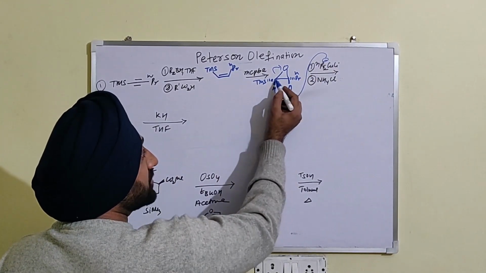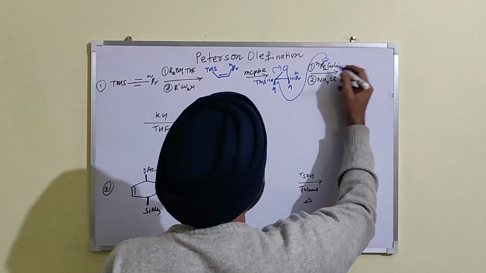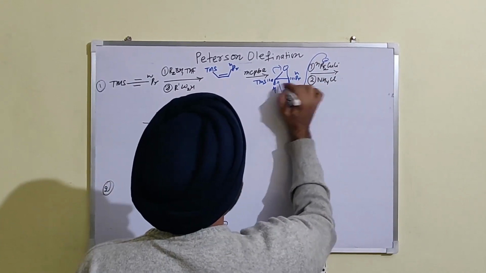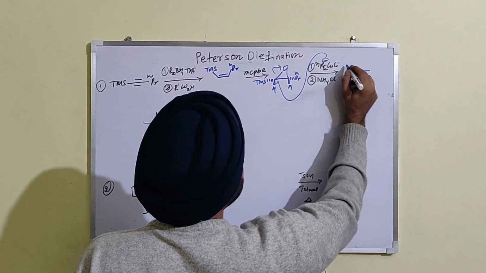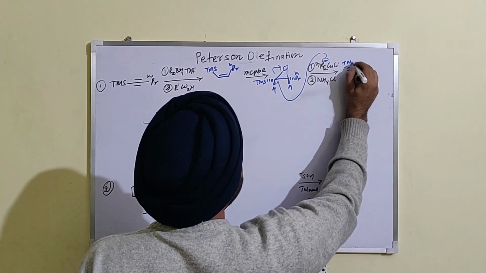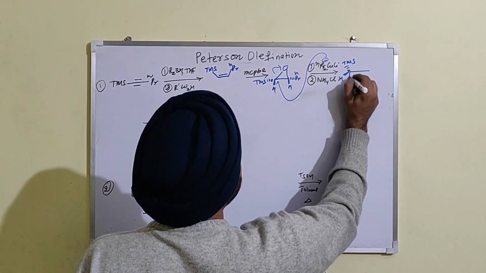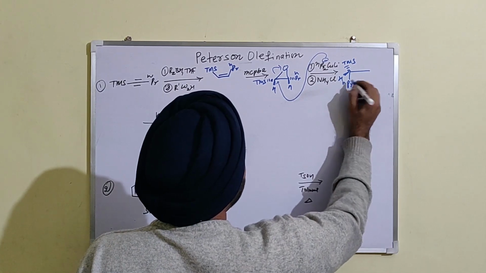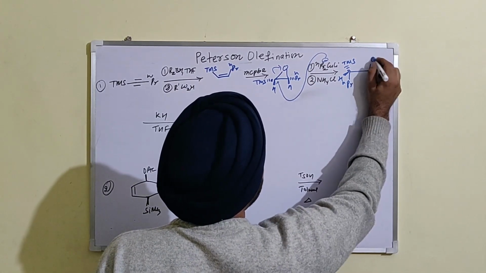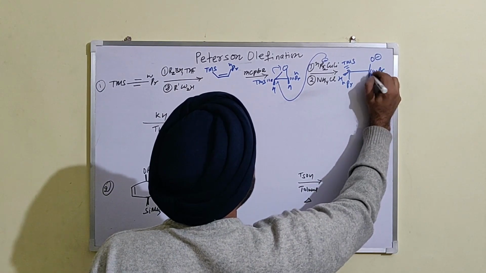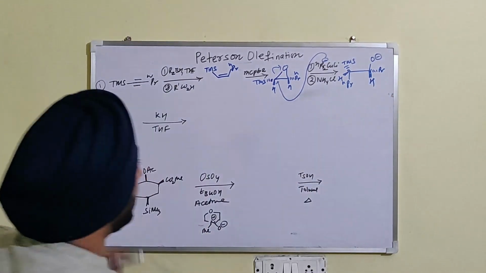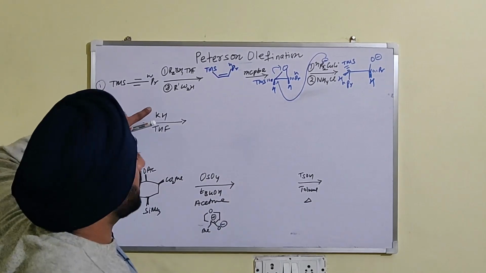So it selectively attacks on this side. So what you end up getting if it attacks here is this propyl, you just need to write this TMS, hydrogen, propyl group, and this O negative, propyl, hydrogen. So what we are using here is this.